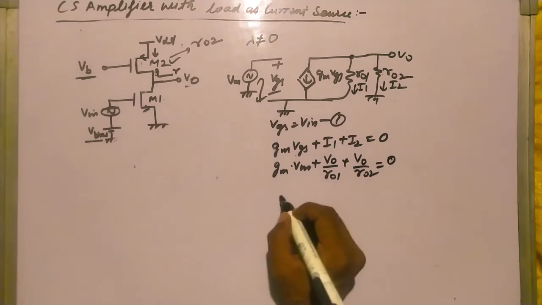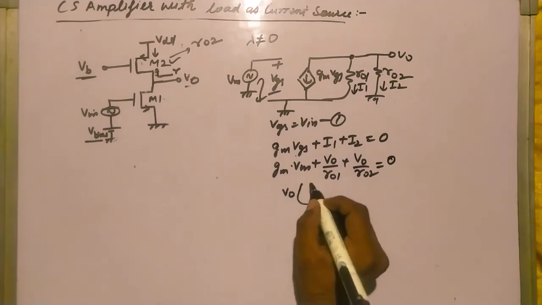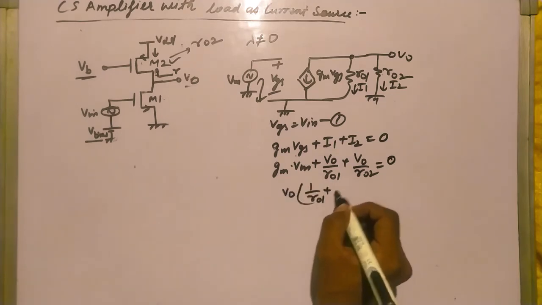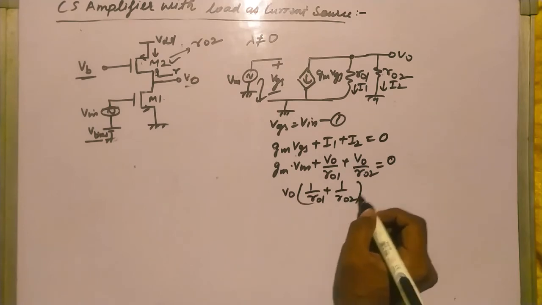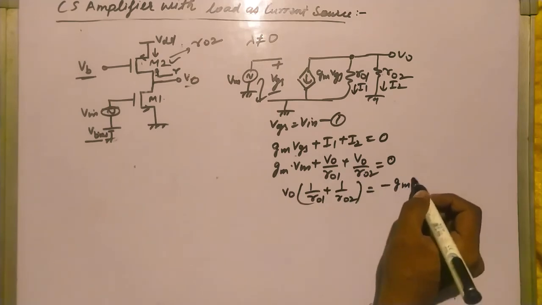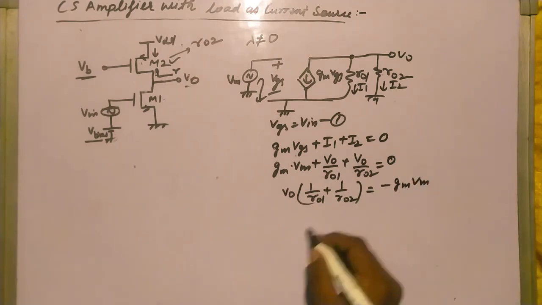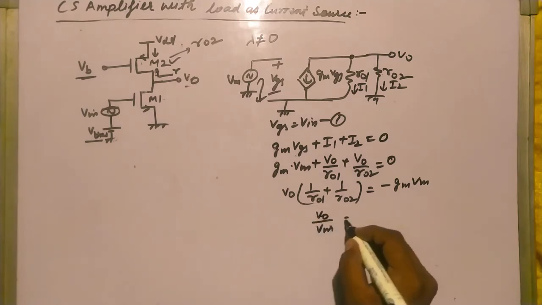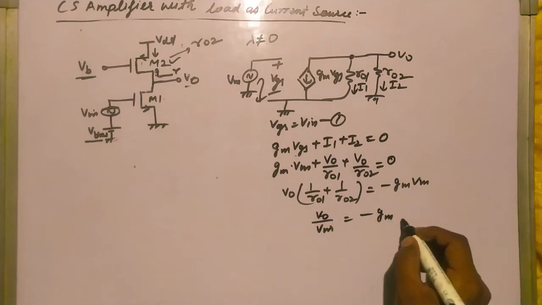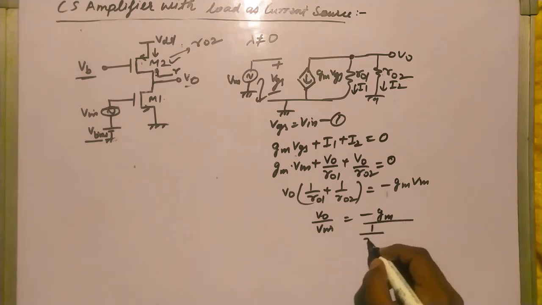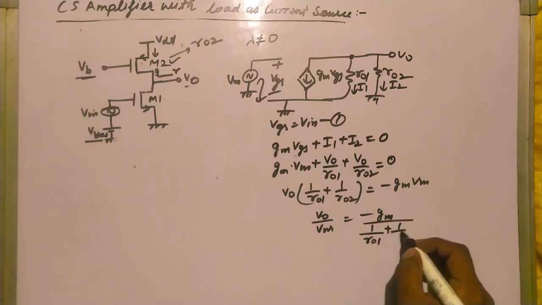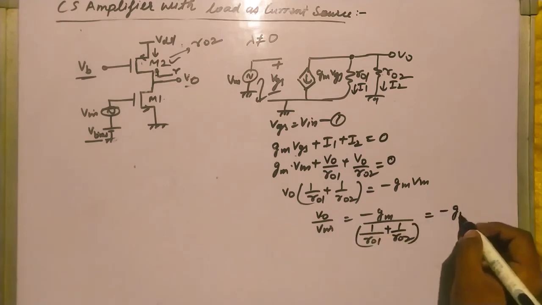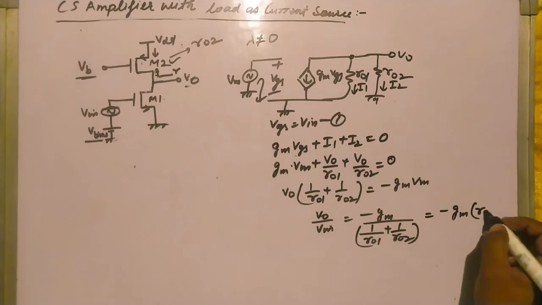So V0 into 1 by R0 1 plus 1 by R0 2 equals minus GM V in. So V0 by V in equals minus GM divided by 1 by R0 1 plus 1 by R0 2, or we can say minus GM times R0 1 parallel R0 2.